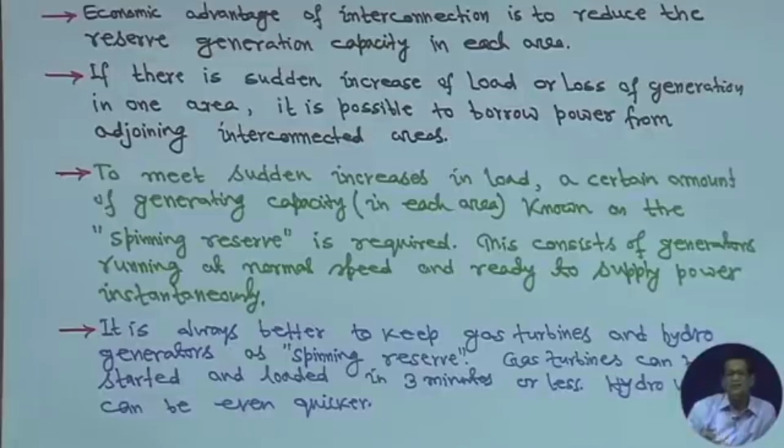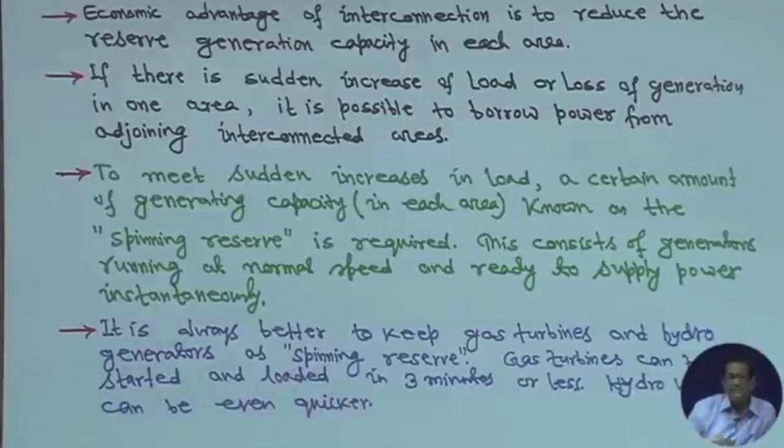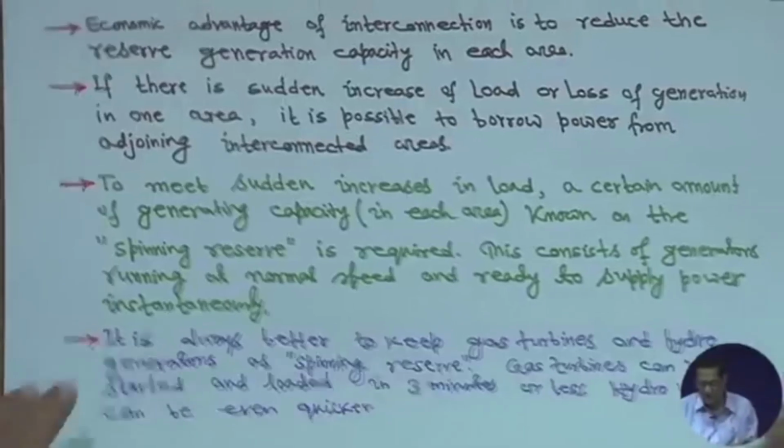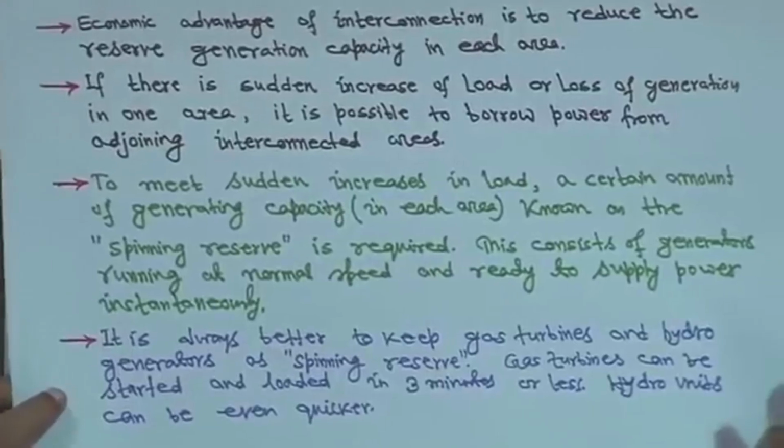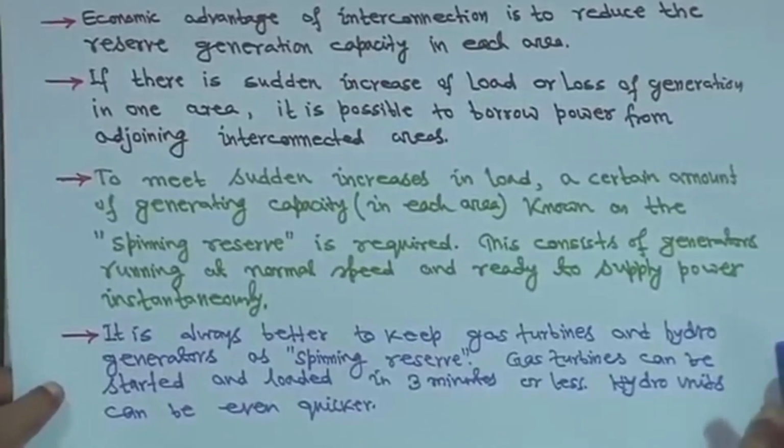For hydro, that constraint is not stringent, whereas for thermal it is very stringent. Hydro can generate power very quickly. So that's why gas turbines or hydro generating units should be kept as spinning reserve. These are some general advantages of an interconnected power system.